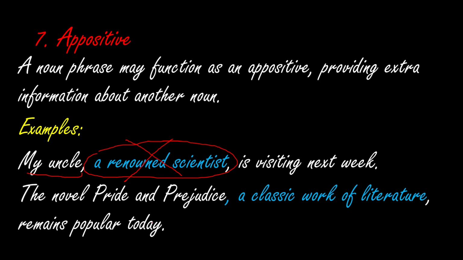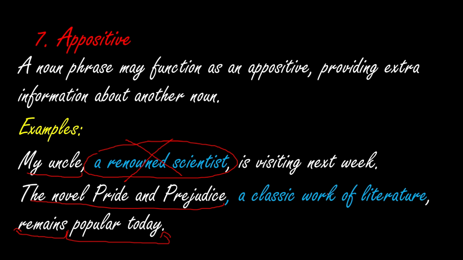The novel Pride and Prejudice, a classic work of literature, remains popular today. So we have the subject, and we have the verb remain, and we have subject complements because remain is another linking verb.